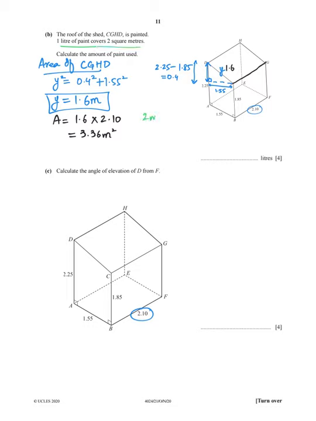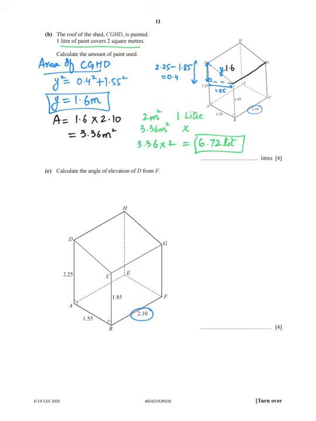So my area is 3.36 square meters. How many liters does it require? So simply we need to multiply 3.36 by 2 and you will get 6.72 liters required to paint the top portion of the prism.